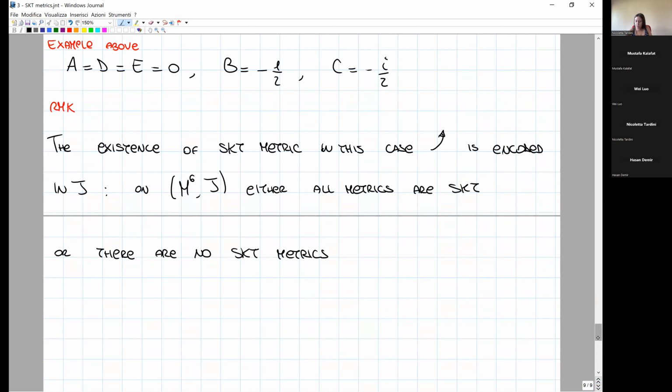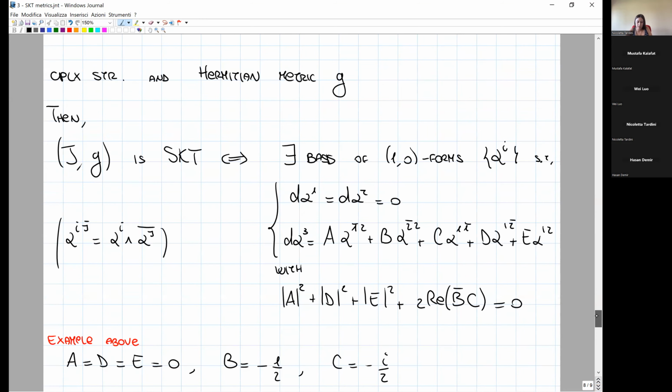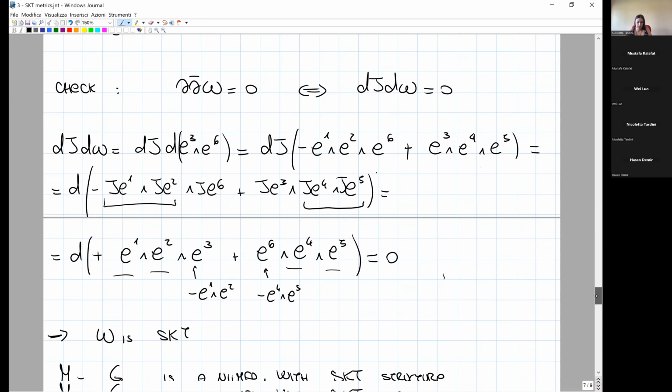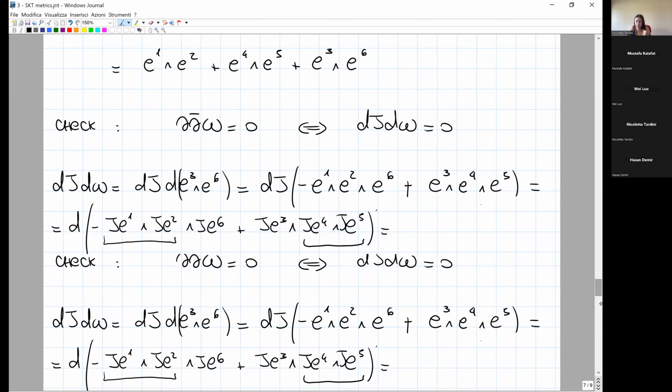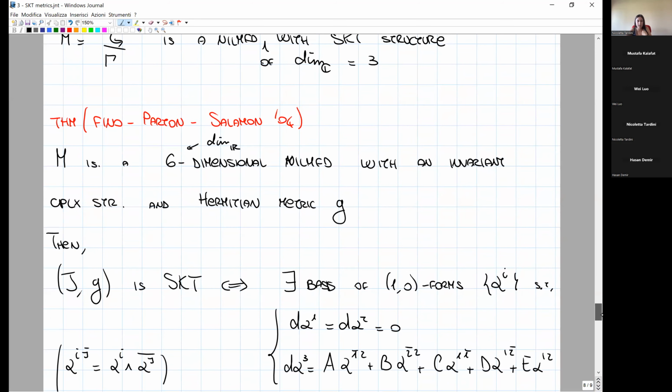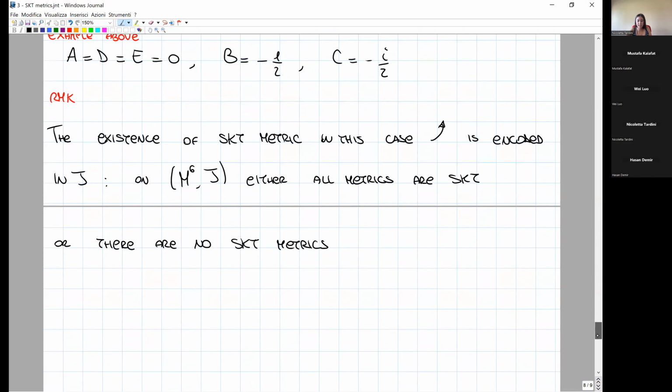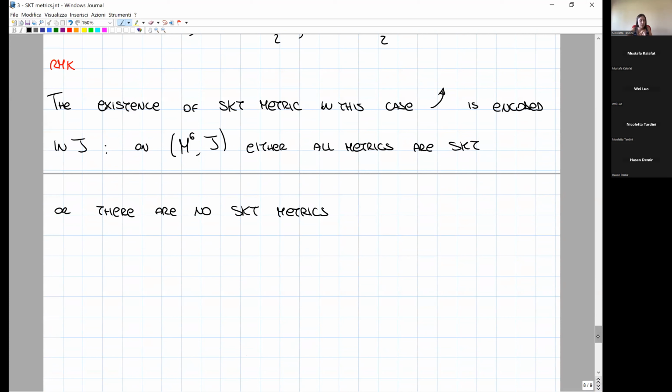Okay, so in particular, in the example we showed here, I constructed this specific metric and it was SKT. But in fact, any other invariant Hermitian metric that I could have chosen would have been SKT, okay? Because of this result of Fino, Parton and Salamon, okay? And this result is specific for SKT metrics, and it is specific in dimension 6, okay?